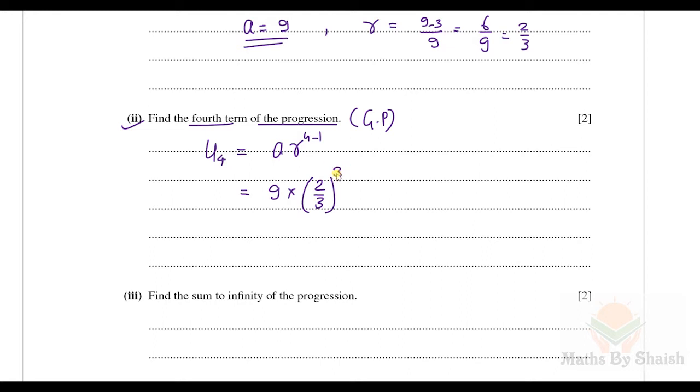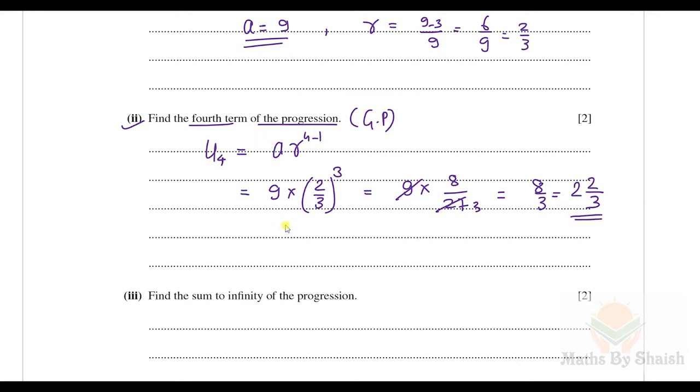So it is 9 into 2 cube is 8 over 3 cube is 27. So 9 3s are 27, it is 8 over 3. I'll write it as a mixed fraction because it's an improper fraction, 2 2/3. So this is the fourth term of this progression.